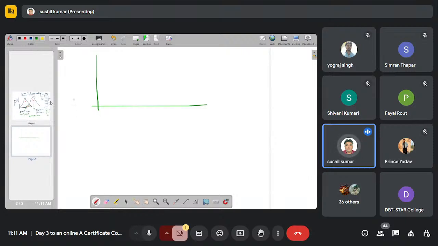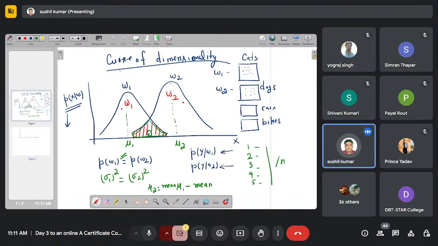But in the last example, where p omega 1 and p omega 2 are equal, this area can increase more, here also it can increase more. But at the same time, when I'm saying mu, actually the mean, the mean may not be like that, it may be the same if you have only values 1, 2, 3, 4, 5 with you.